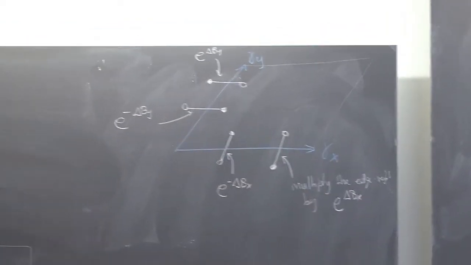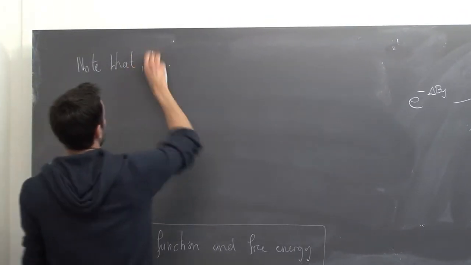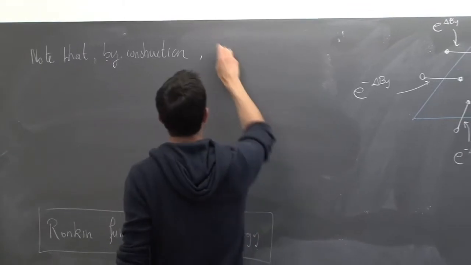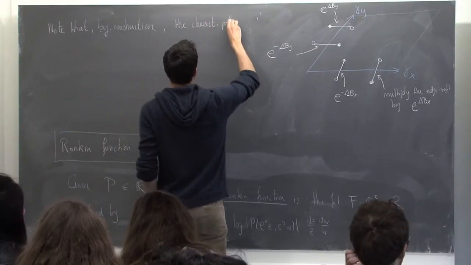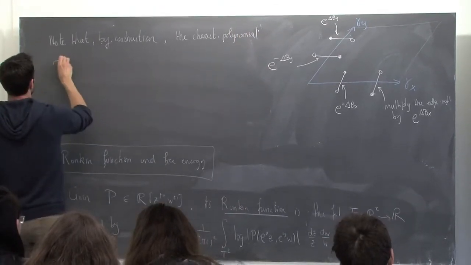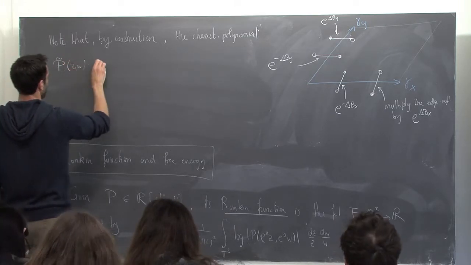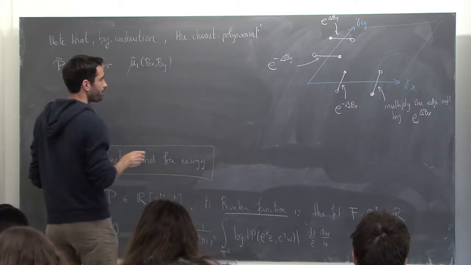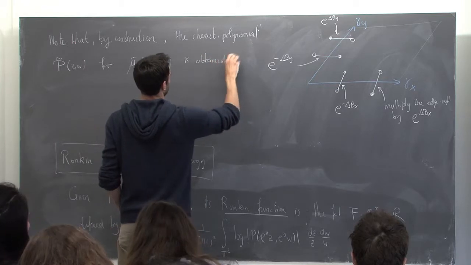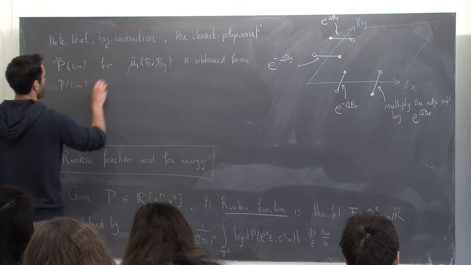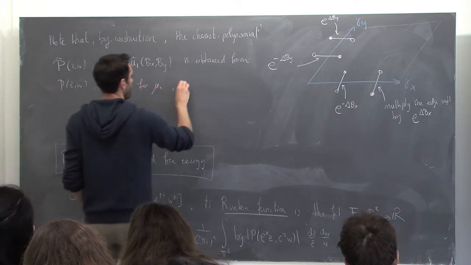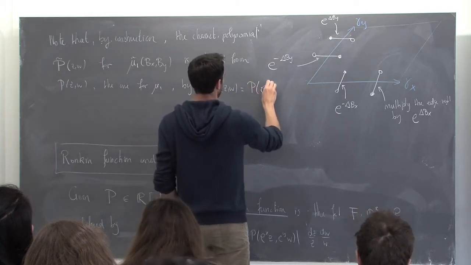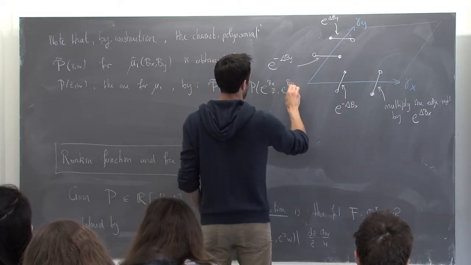So this means that, note that really by this drawing here, and by definition of the characteristic polynomial, the characteristic polynomial, let me write it P tilde of (z,w) for mu1 tilde with Bx, By, is obtained from P(z,w), which is the one for mu1, by P tilde(z,w) equal to P(e^{Bx} z, e^{By} w).